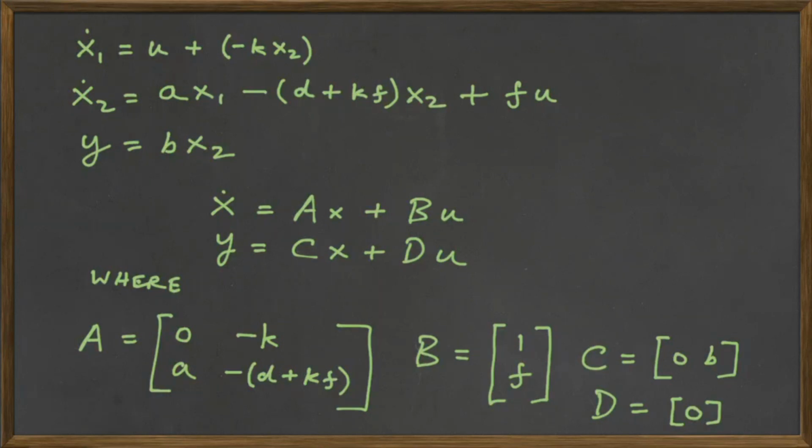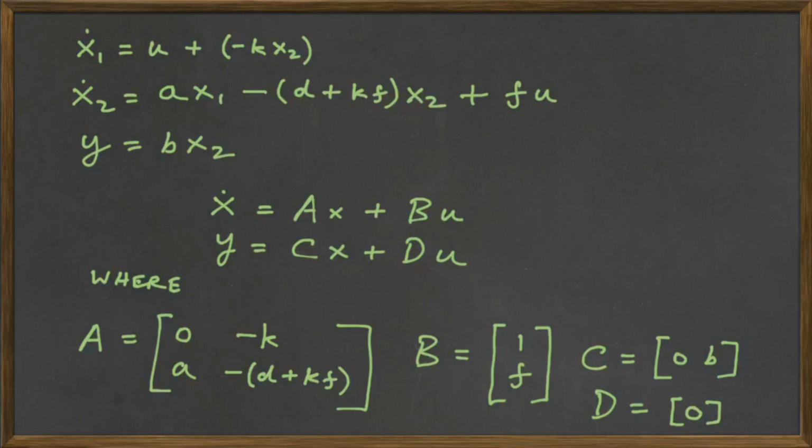As you can see, in the second column of the A matrix, we have the minus k, which is associated with the x2 in the x1 equation, and then we have the minus d plus kf times x2 in the bottom right hand element.